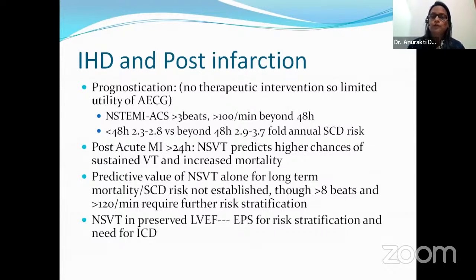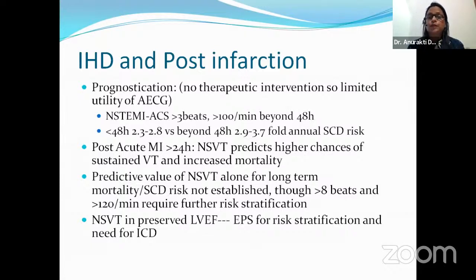If it is a low EF, we already know that myocardial scarring has happened. It is a substrate for ventricular arrhythmias. So it is not something which will tell you the actual prognostic value. But non-sustained VT alone, without taking into account the ejection fraction of the patient, does not tell you that this is a worse outcome patient.